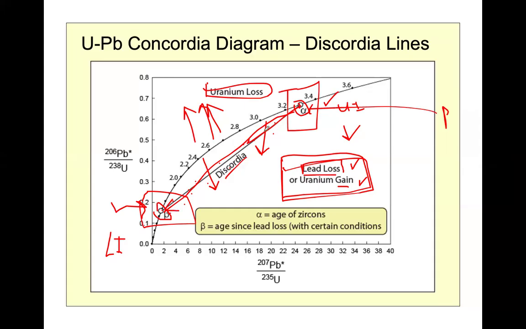Other zircons, if they are not discordant, give very nice concordant ages like this. So having discordant ages doesn't mean you have a problem with the analysis. If you make more and more analyses, you will see the discordia line can be formed also. So in that case, two more pieces of information come with the discordia line: the upper intercept and lower intercept ages.